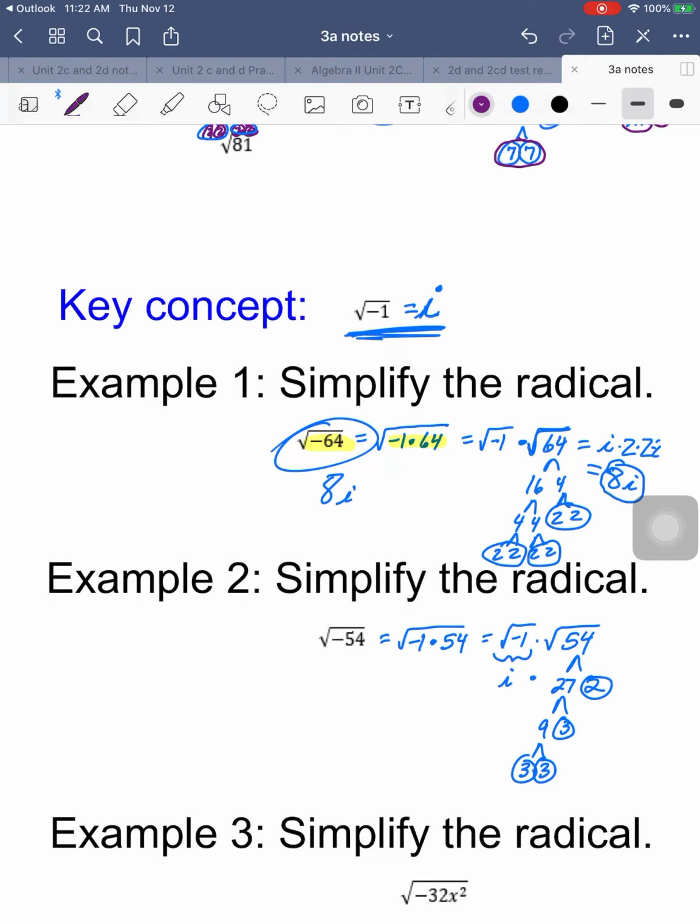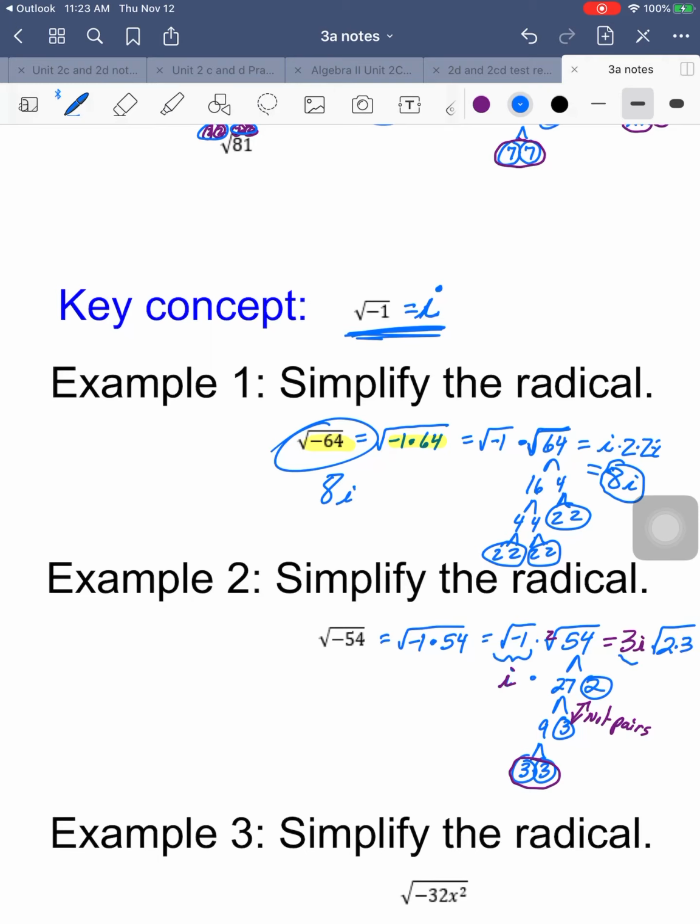All right, it's a square root, so we're looking for pairs, square root pairs. So we have 3. Now 3 and 2 are not pairs, so those stay underneath the square root. The i can come out of the square root. And then underneath the square root, we're going to keep 2 times 3.